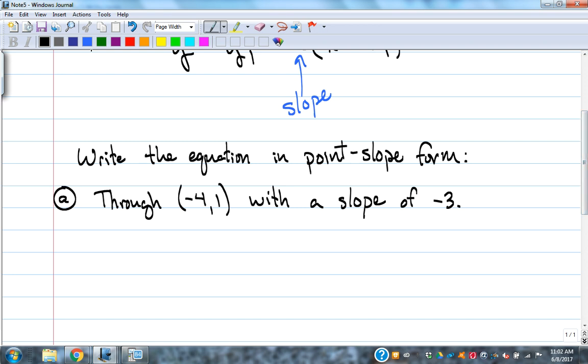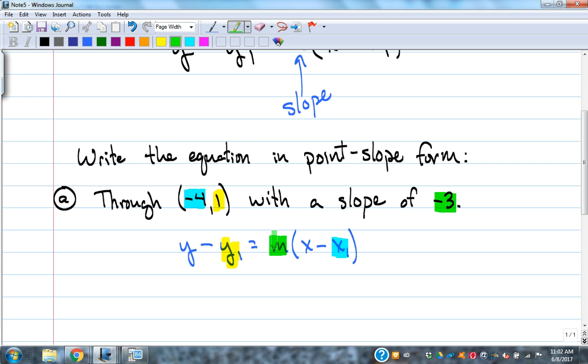Okay, so we're going to take point slope form and we're going to replace the things where they belong. So I'm going to use some highlighting here to help us know where stuff belongs.